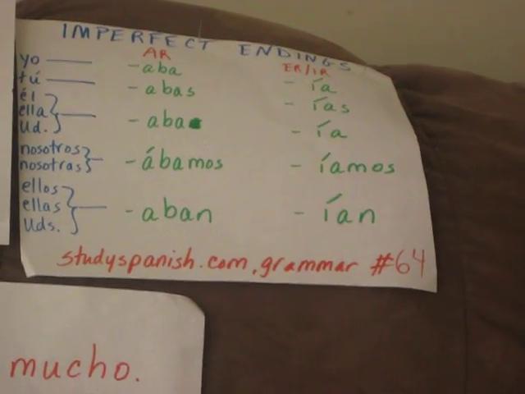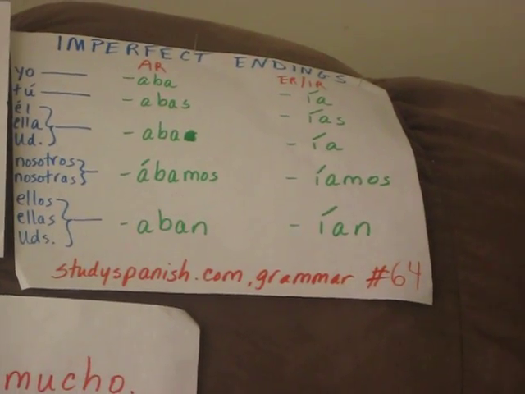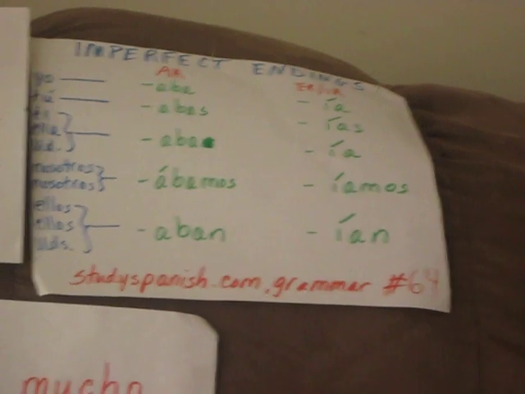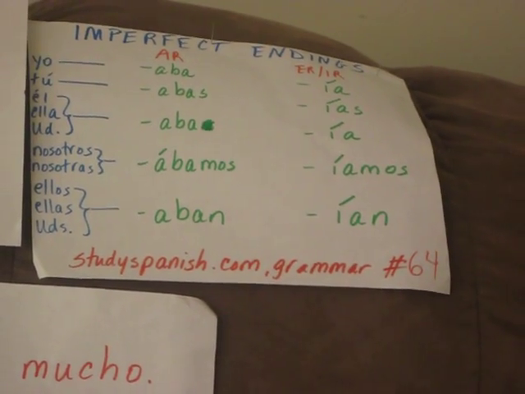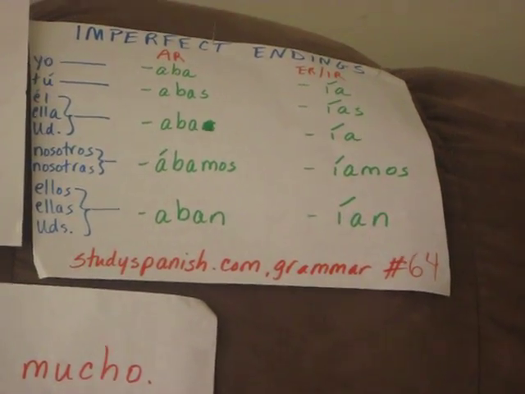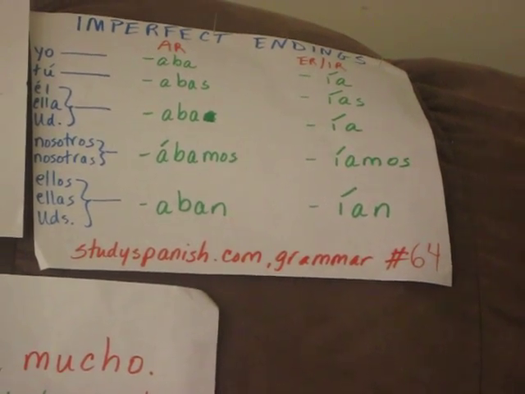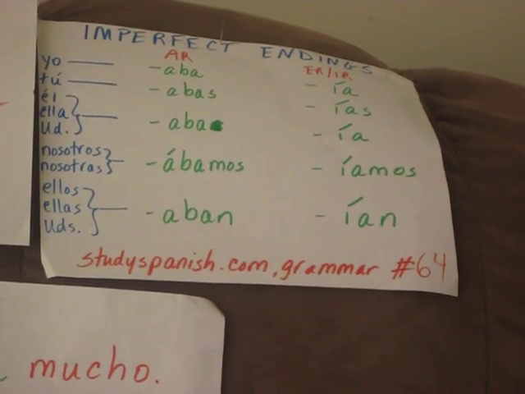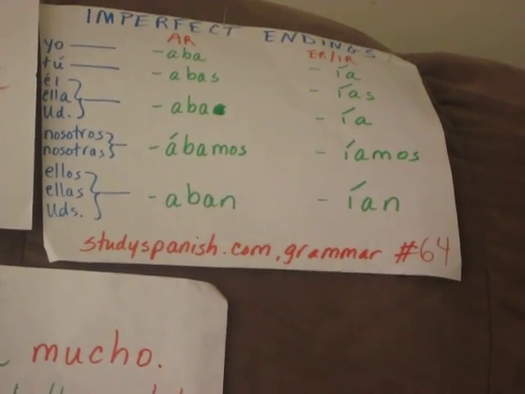For your ER and IR endings, which you can't really see the ER and IR, but I promise it's there in red, you have ía for yo, ías for tú, ía for él, ella, and usted, íamos for nosotros and nosotras, and ían for ellos, ellas, and ustedes. Notice again that yo, él, ella, and usted have the same ending.